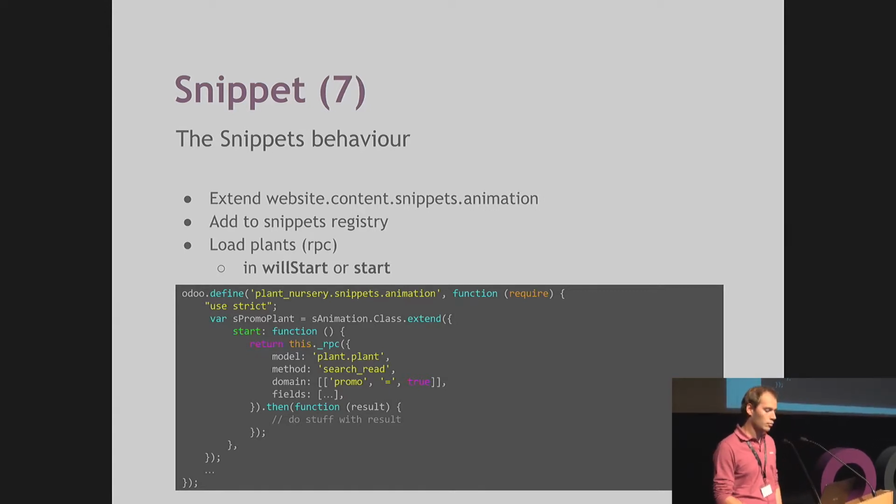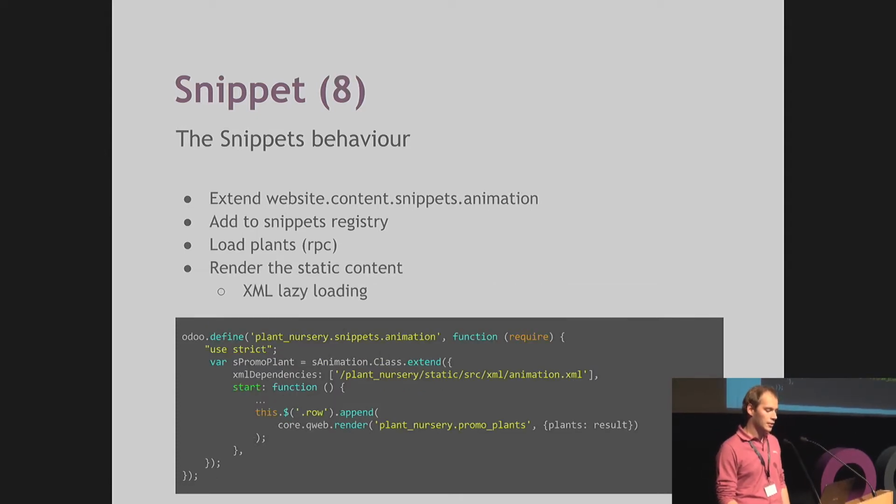And then again, after getting the plans, we can render them dynamically. Something interesting here is that you can load the XML dependencies lazily, because on the website you don't want your user to get the template each time they go on a page.